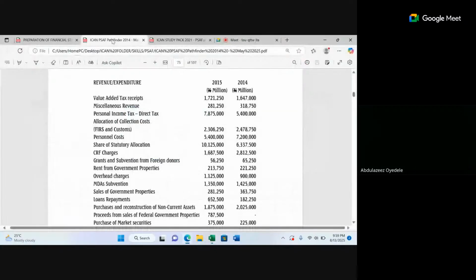Now the biggest task in this kind of situation is which ones are items of operating activities, which ones are items of investing, which ones are financing.